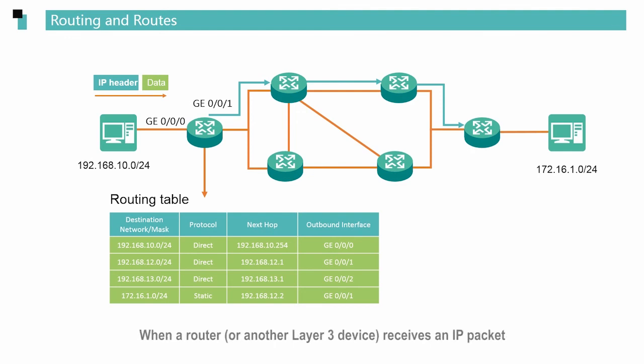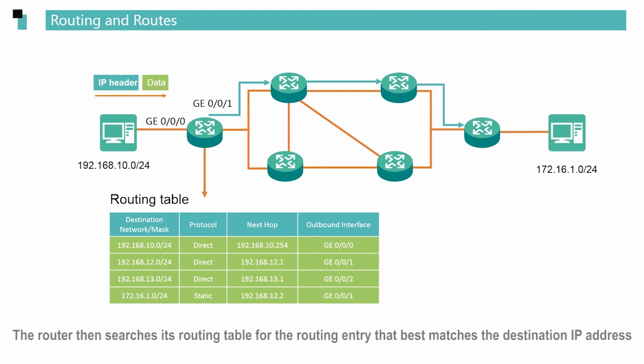When the router or another Layer 3 device receives an IP packet, it obtains the destination IP address from the IP header of the packet. The router then searches its routing table for the routing entry that best matches the destination IP address.